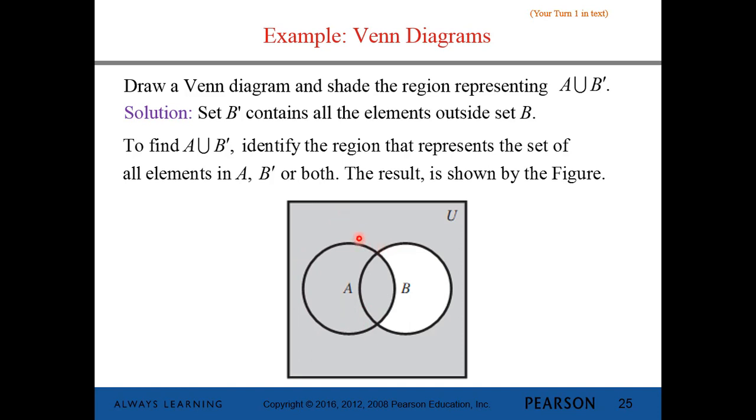And we're going to put all those regions together. So everything outside of B, that includes everything outside of the circle, and then everything in A, and then everything in the intersection of A and not B, which is this one. So there's a lot of double counting. We're going to pull all those together, and we're going to get this shaded region here.